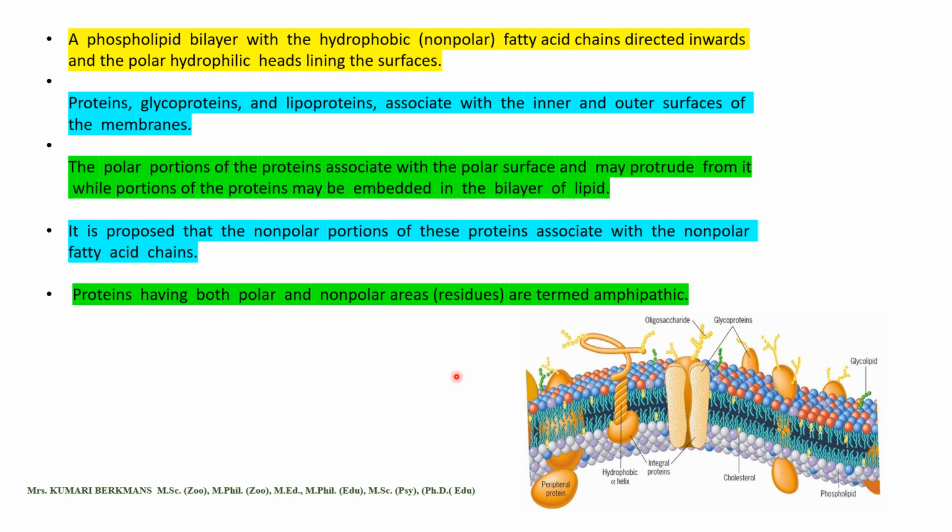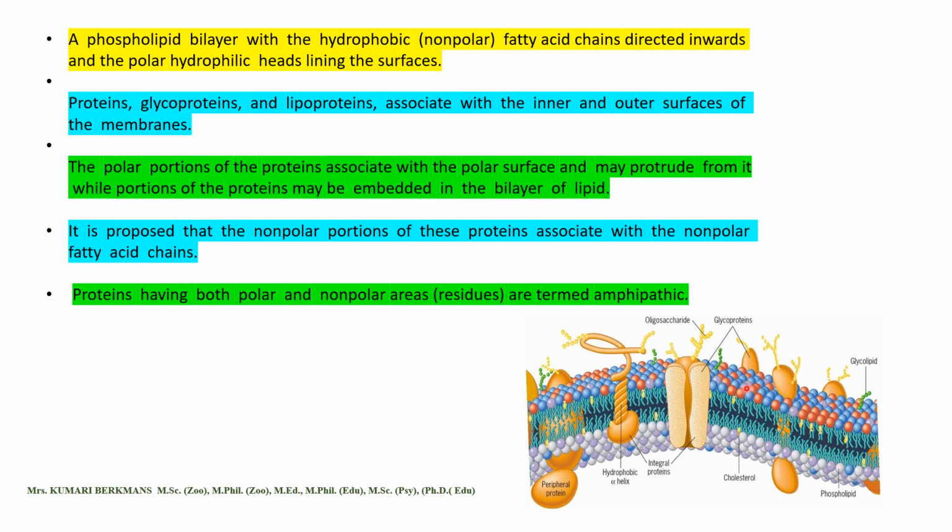A phospholipid bilayer has a hydrophobic, that is non-polar, part of the membrane. You can see two layers, this one and this one. This is the outer layer and this is the inner layer, this double membrane, the plasma membrane.